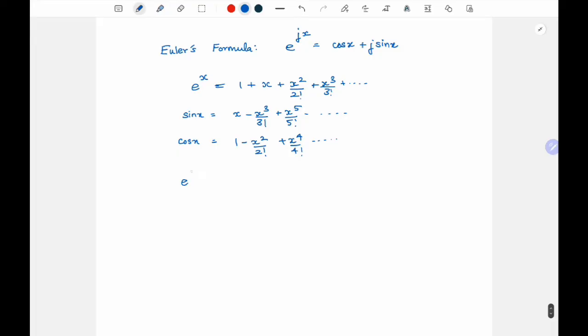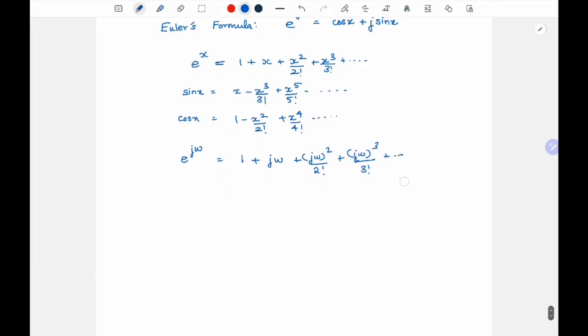Now if you just take e power x and substitute j omega instead of x, then what do you have? 1 plus j omega plus j omega whole square by 2 factorial plus j omega whole cube by 3 factorial and so on. Now you know j square is equal to minus 1. So if you write it in terms of that, you have 1 plus j omega minus omega square by 2 factorial, minus j omega cube by 3 factorial and so on.